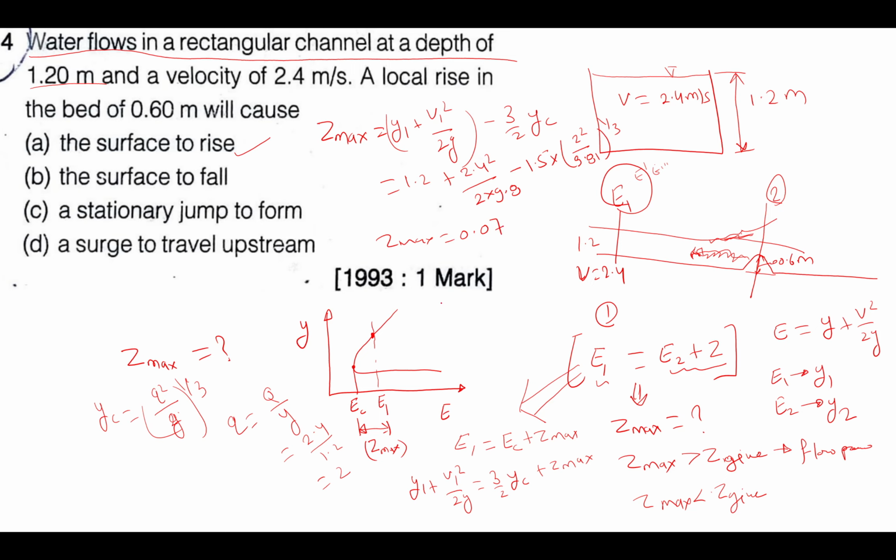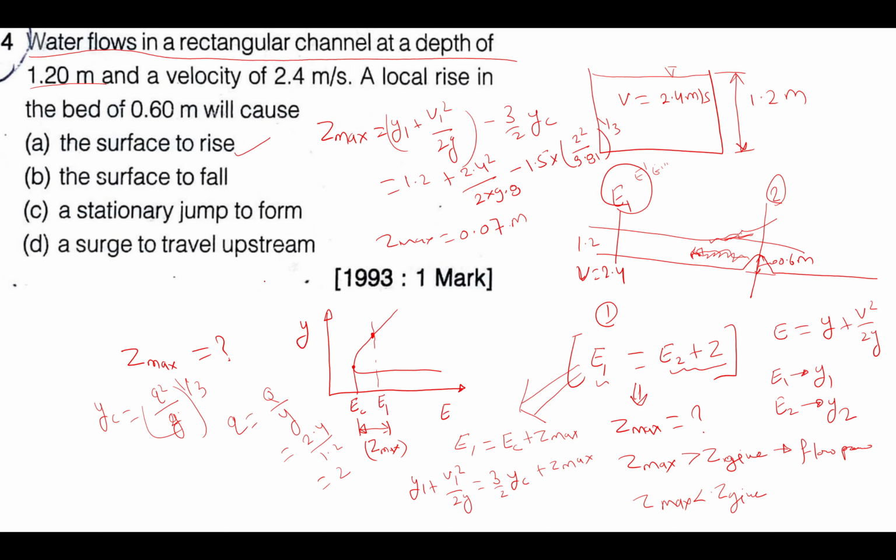So here what is the condition? You can increase the hump maximum 0.07 meter. But in the question, your bed hump or local rise is given as 0.6 meter, around 9 point something times more. So what will happen? Flow will not be possible at that particular energy.